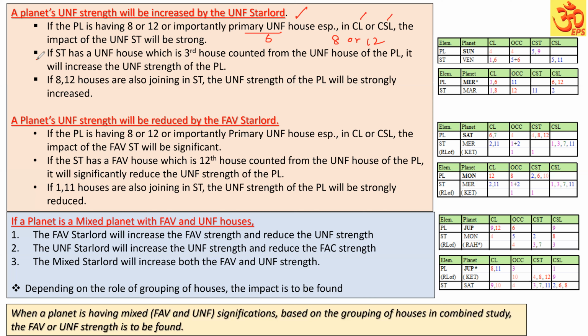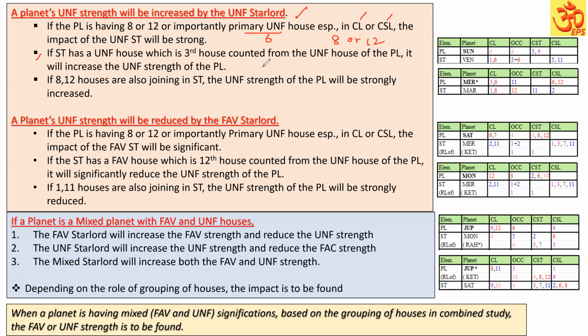Suppose the star lord has a third house counted from the unfavorable house of the planet. It means what? In the previous case, when we were talking about a favorable planet, if that star lord has the third house from the favorable house, it is going to increase the intensity of the favorable house.